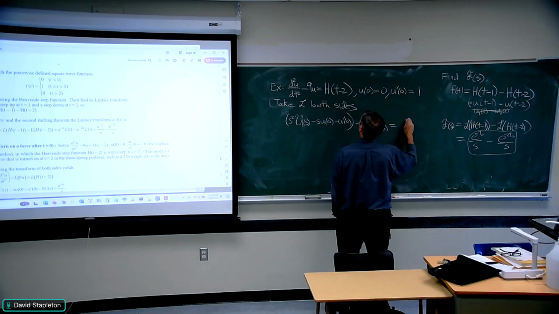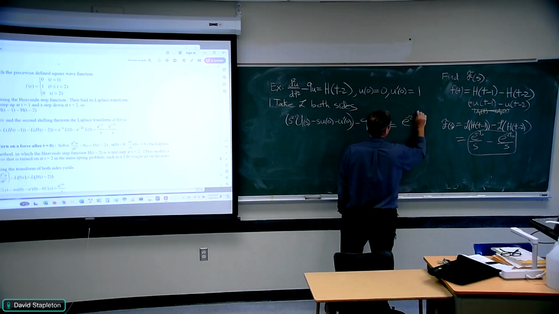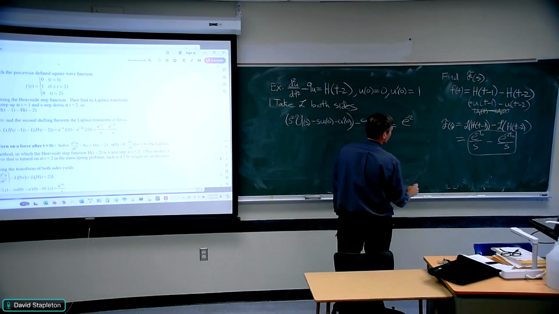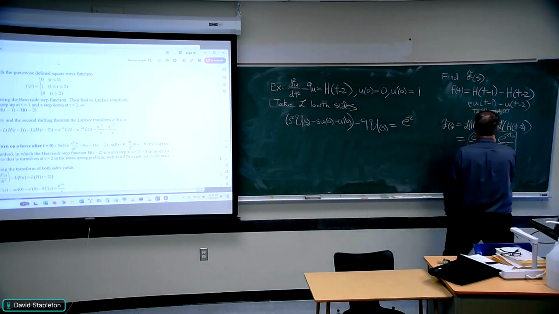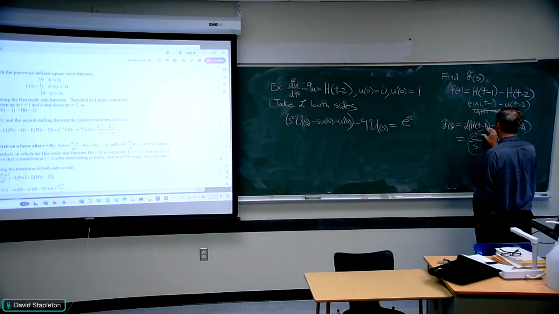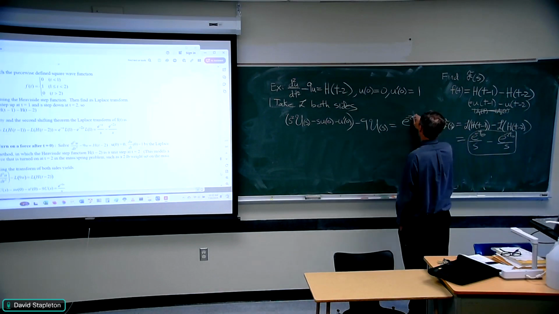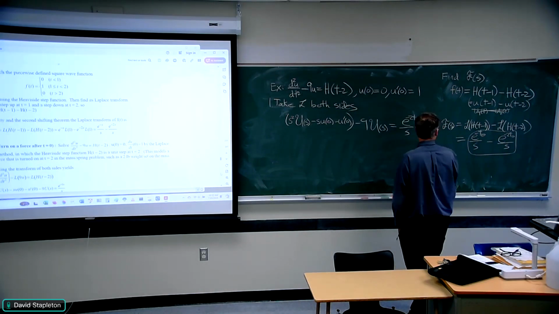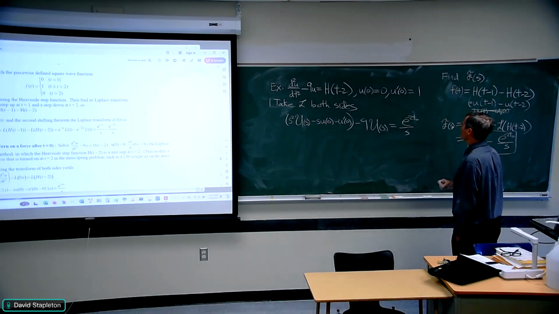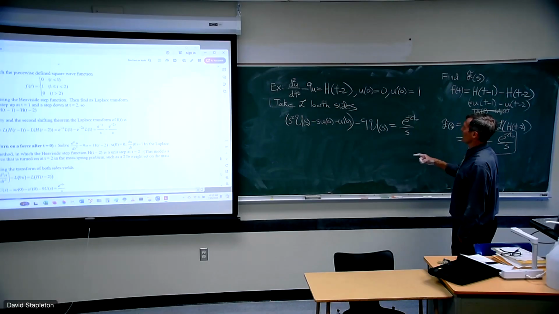We know its transform is e to the minus 2s over s, the Laplace transform of h of t minus 2.